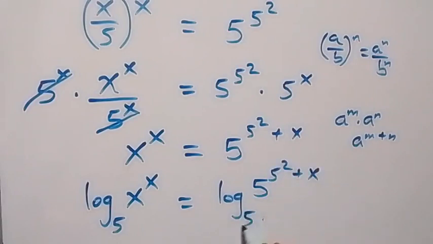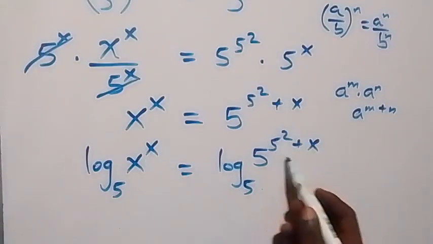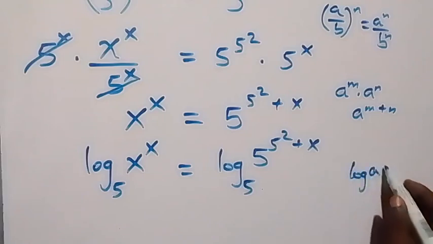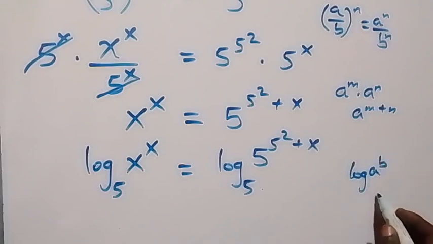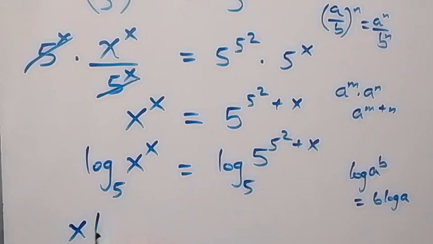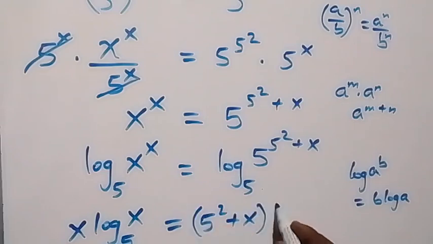From the power law of logarithm, when we have log a^b, this is the same thing as b log a. So applying this, this gives us x log x base 5 equals 5 square plus x, then log 5 to base 5.